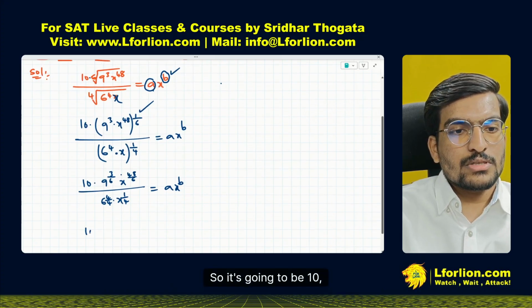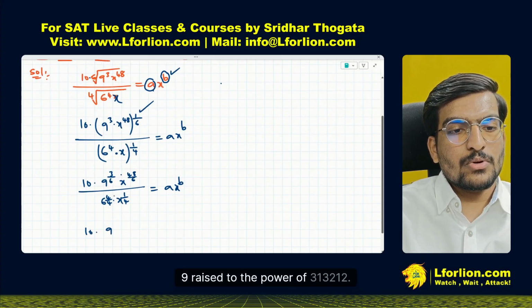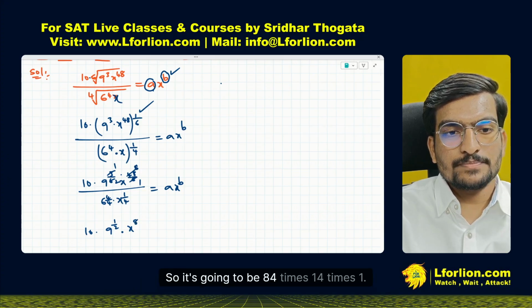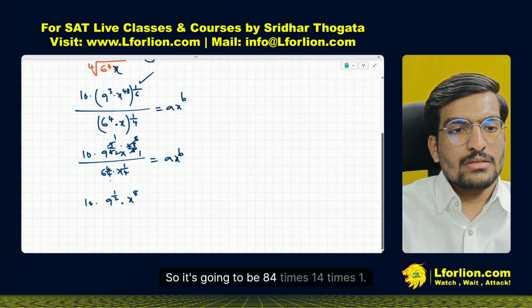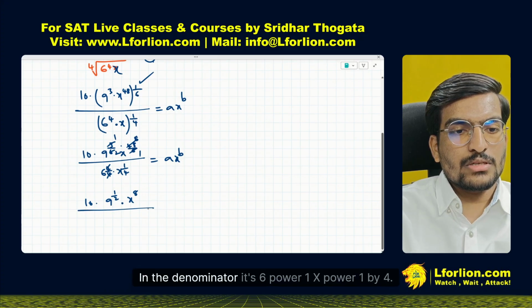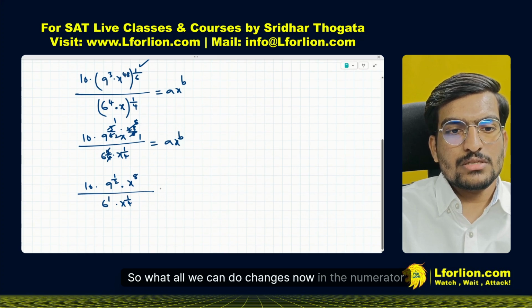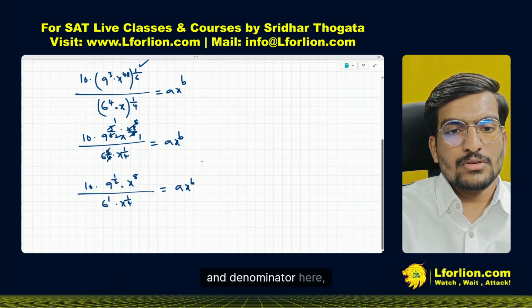So it's going to be 10, 9 raised to the power of 3 times 1, 3 times 2, 1 by 2, x raised to the power of 6 times 1, 6 times 8. So it's going to be 8, and 4 times 1, 4 times 1 in the denominator. It's 6 to the power 1, x to the power 1 by 4. So what all can we do now in the numerator and denominator?